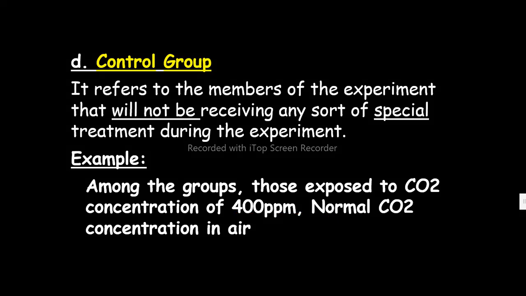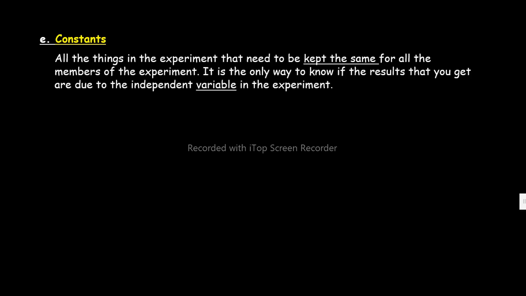After having a control group, you need to have other factors kept constant, so that only the factor in question is the one that is tested. Because imagine you are studying the effect of carbon dioxide, and then light intensity changes. Some are put in shade, others are put in light.